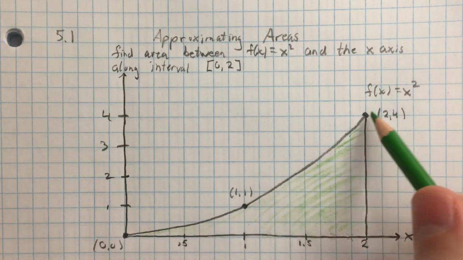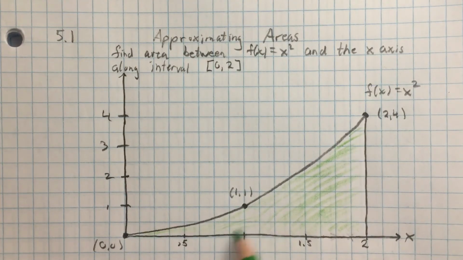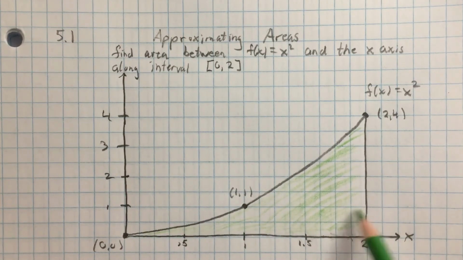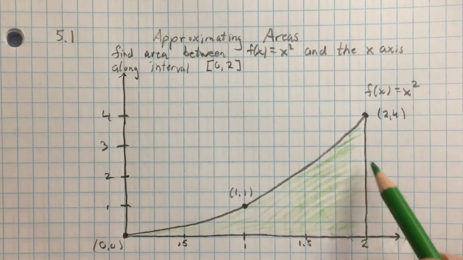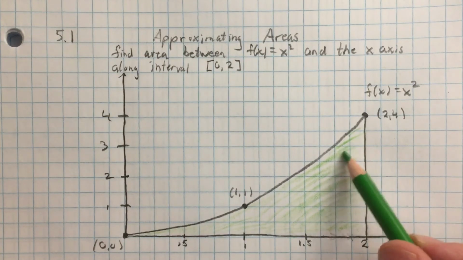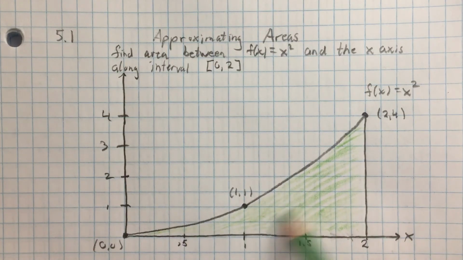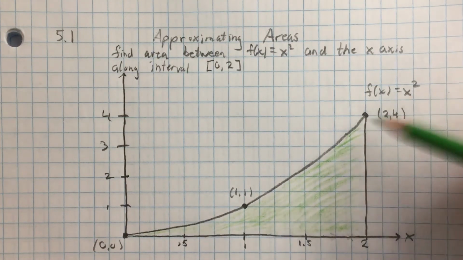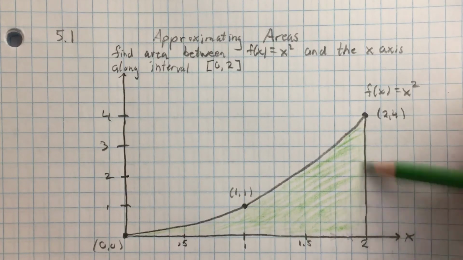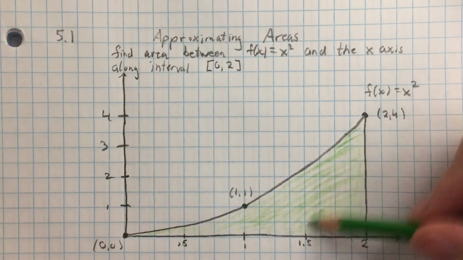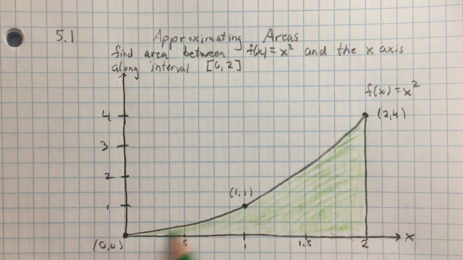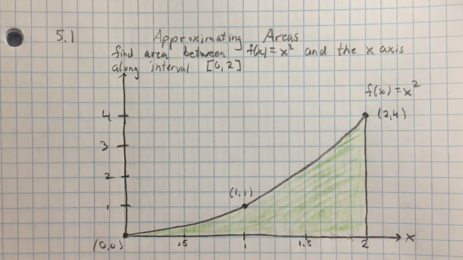It's not a line here. So we're going to get a good approximate for this area right now, and lead our way into finding the exact value of this area. Which again is a challenging question, especially before calculus. Because there's the area we want to get a handle on.